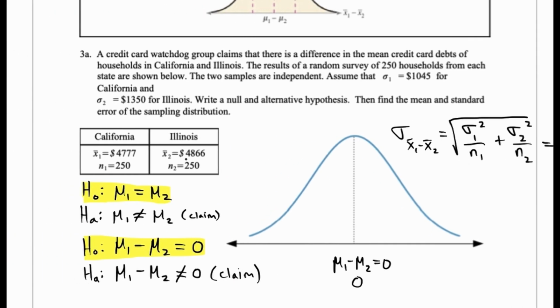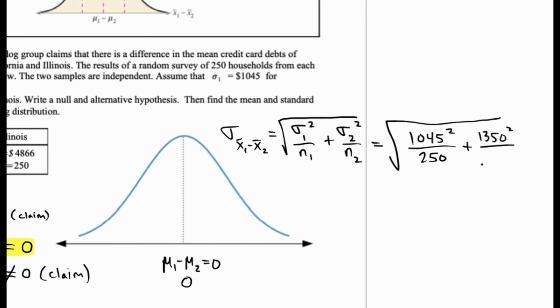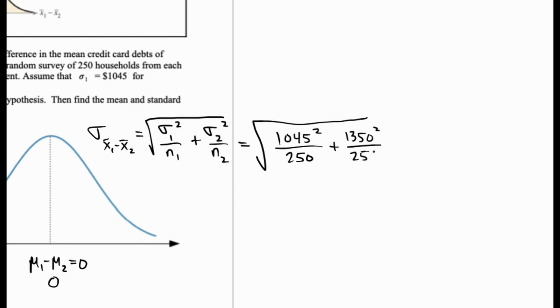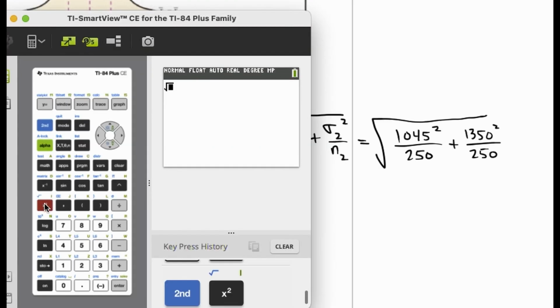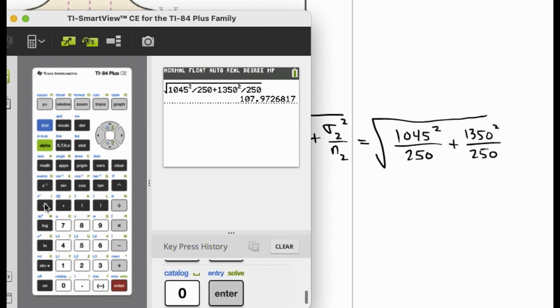And N2 is 250. I get 107.97, so about 108.